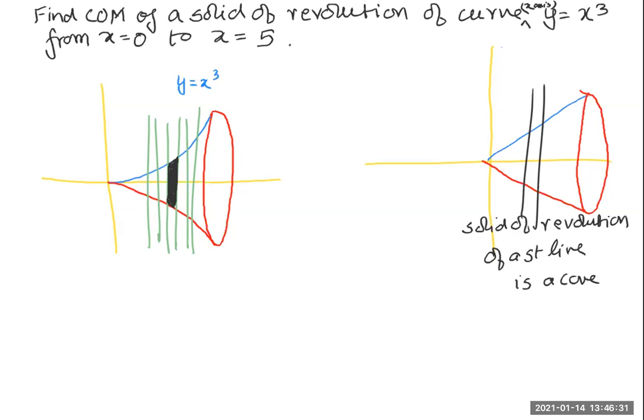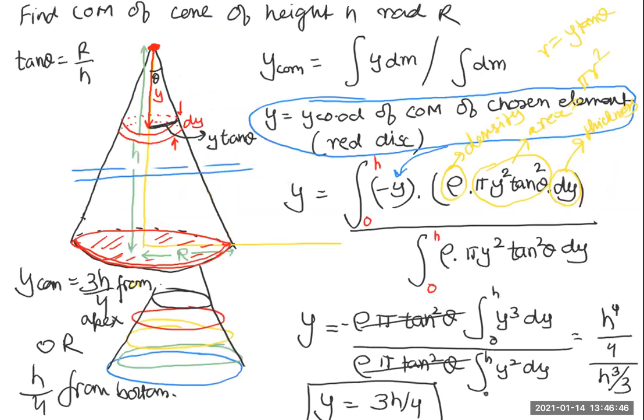If there is any symmetry about the y-axis, the x-coordinate of center of mass will be 0. So this object has symmetry about the x-axis, so the y-coordinate of center of mass is 0.